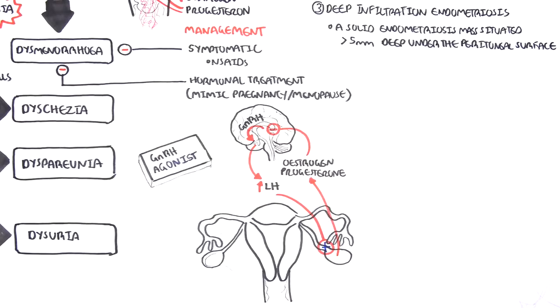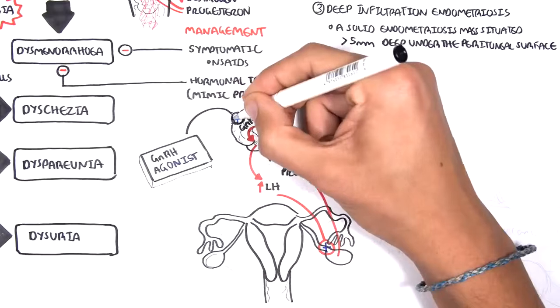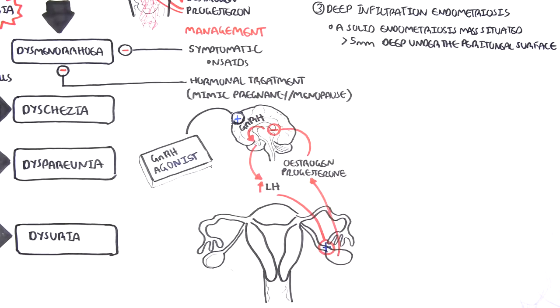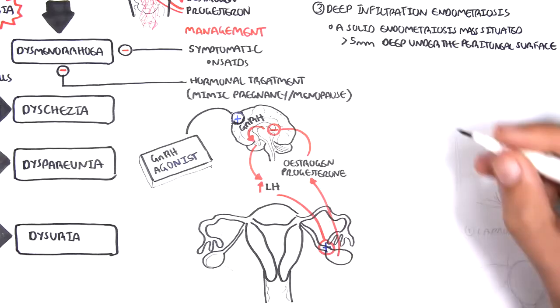Some medication used to treat endometriosis works on different parts of this diagram. So for example, gonadotropin-releasing hormone agonists are a drug that can be used for endometriosis. How this works is that by stimulating gonadotropin-releasing hormone, you are stimulating the production of estrogen and progesterone, which will maintain the endometrial lining, and so you do not have periods.